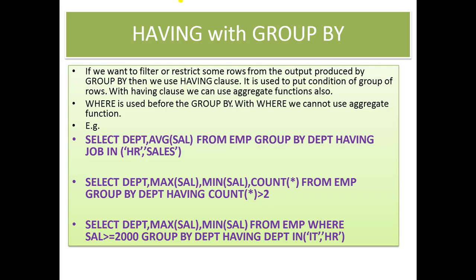And when we are using having, the where clause will not be used. Here: select DPT, average salary from EMP group by department having job in HR and sales. You can see this having is applied on this group by, so whatever result comes here, it will filter it again. Now this is again an example, you can see that.